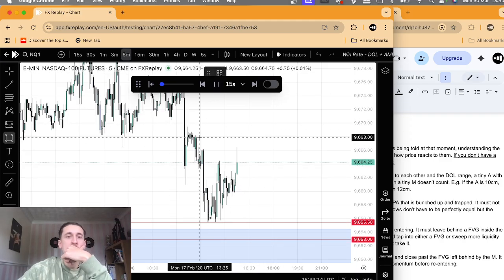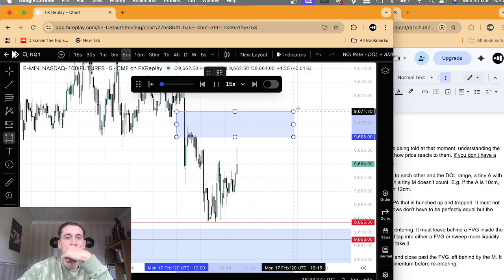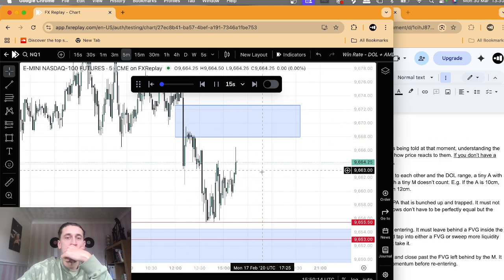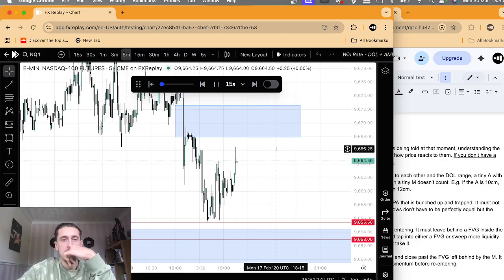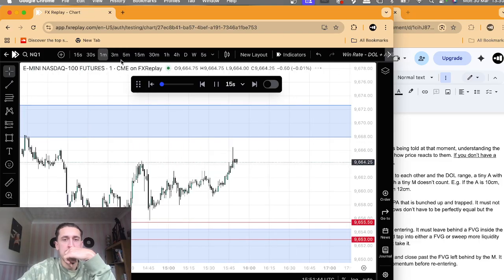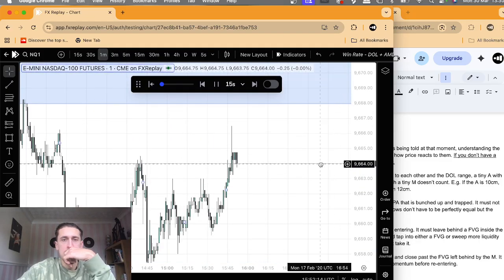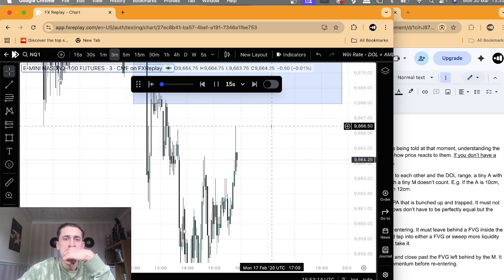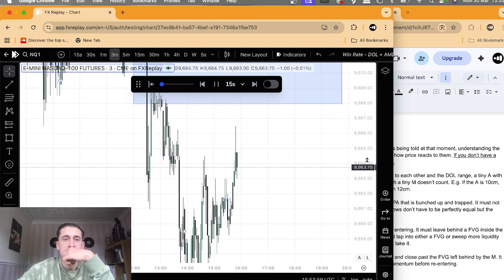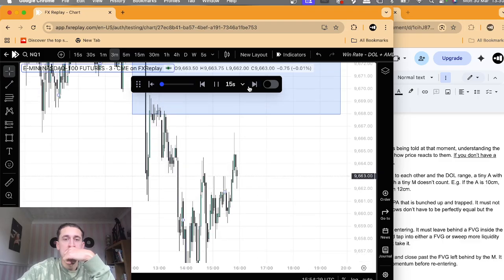I'd maybe want to see us come into like this area now, take this and then turn around, and then we can use that as a draw on liquidity. But for now, I think actually the draw is higher.